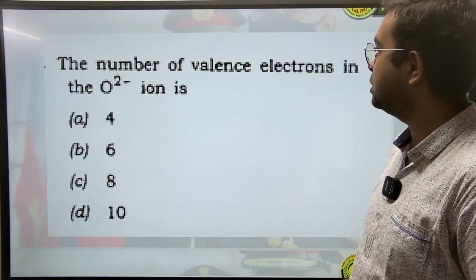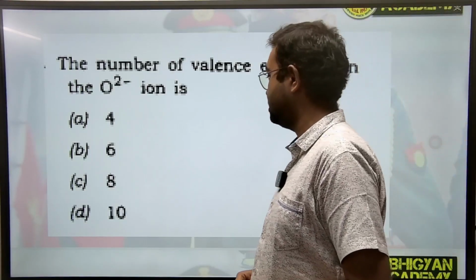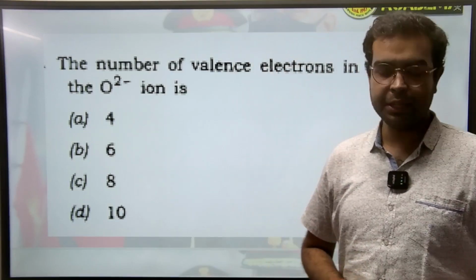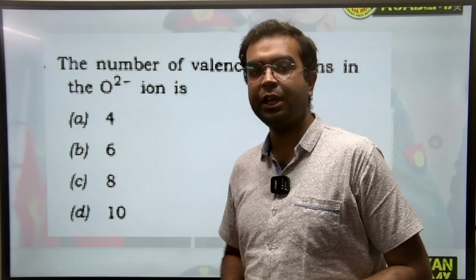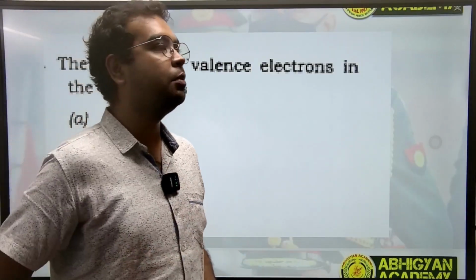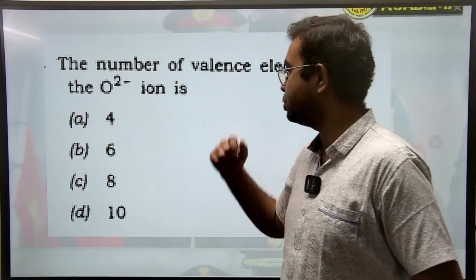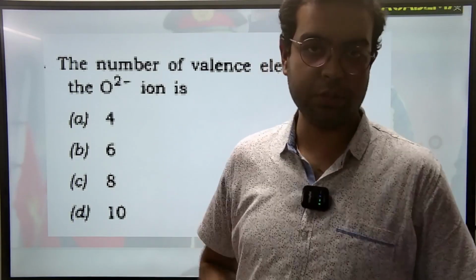The first question is, what is the number of valence electrons in the O2 minus ion? See, in the outermost shell, whatever number of electrons are present, that is the number of valence electrons of an atom. Now in the outermost shell of oxygen there are 6 electrons.